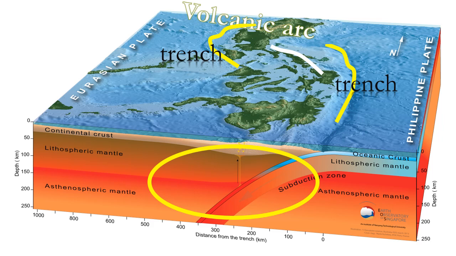At the middle of it, going from here to there, is what we call the Philippine Mobile Belt. This portion of the Philippines is said to be made of blocks of rocks. That's why we have a series of fault systems.